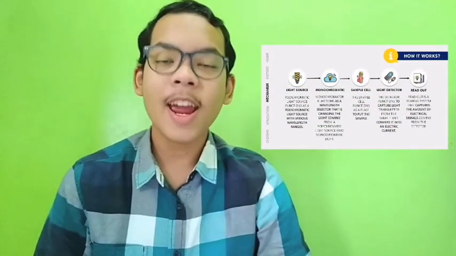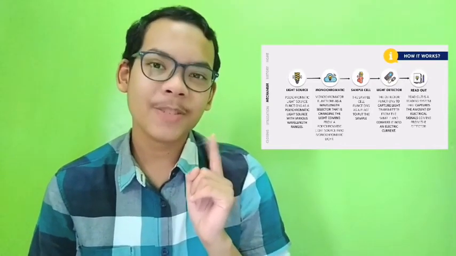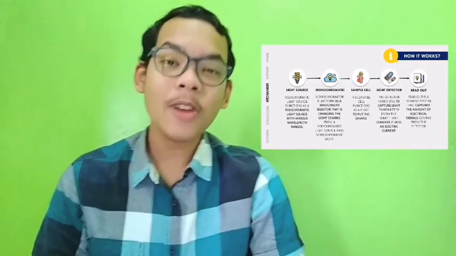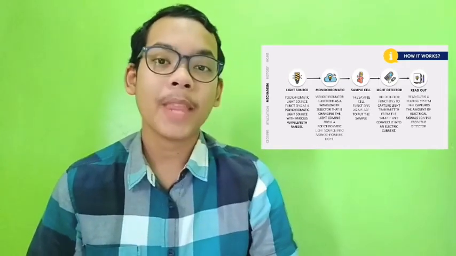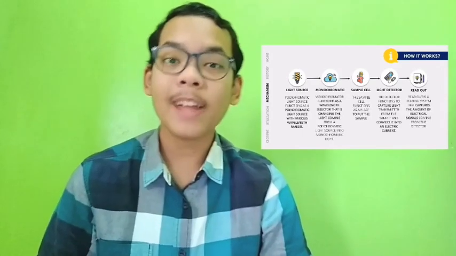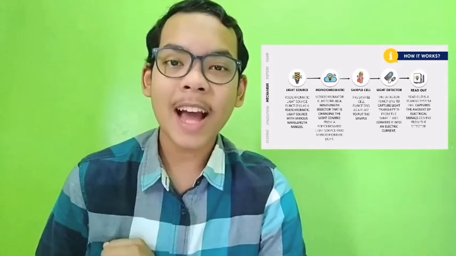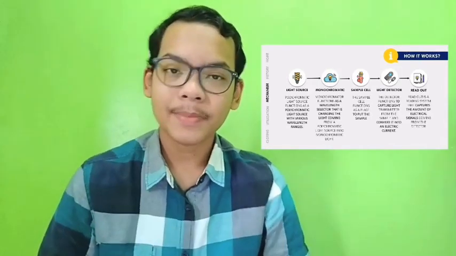Okay, thank you, Delvin. And now I will explain about the parts of spectrophotometer and how it works. First, polychromatic light source. It functions as a polychromatic light source with various wavelength ranges. Second, monochromator. It functions as a wavelength selector that changes the light from polychromatic light to monochromatic light.